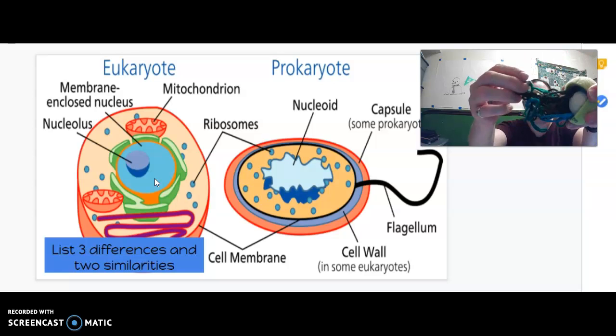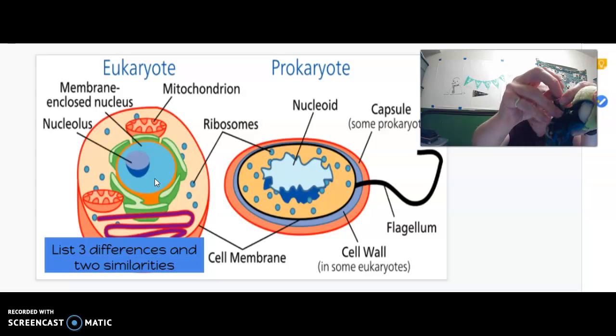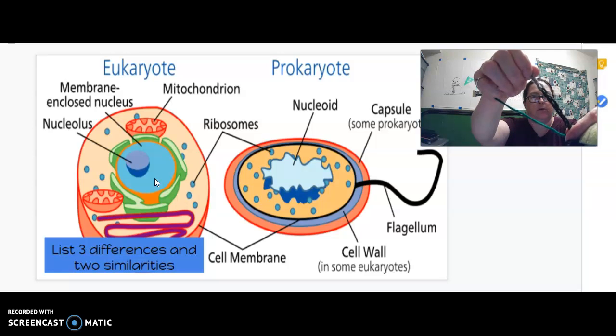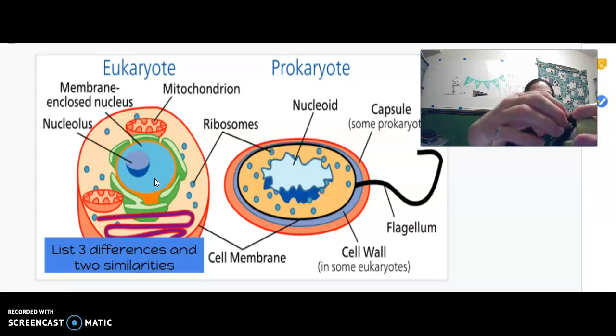And when our cell's getting ready to replicate and divide, our chromatin will wind up tight into chromosomes, and then this is what we're normally talking about right before cell division. So we've got our chromatin and our nucleolus. Chromatin has our DNA. All of that is inside of the nucleus. So that's what this nucleolus is right inside there. All right.